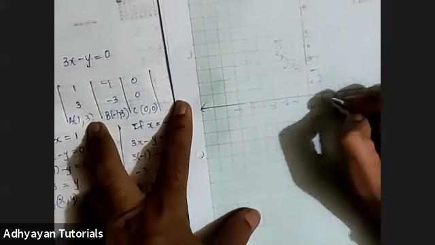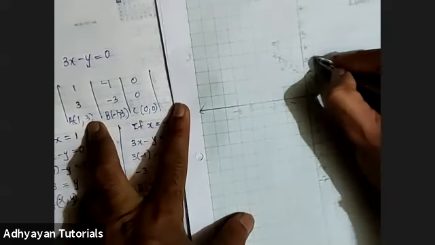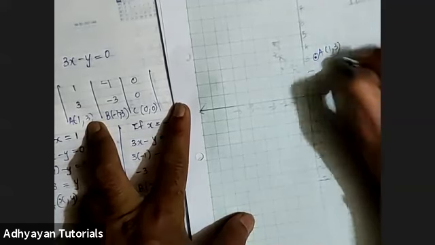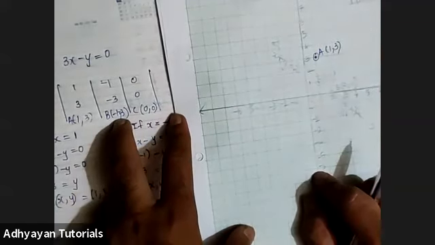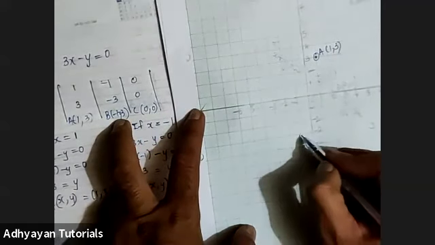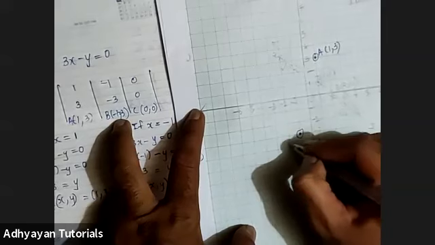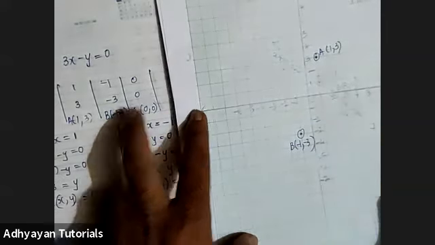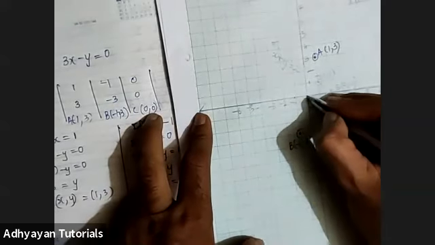This time I'll do it with pen just to distinguish. You have to do it with pencil. 1 comma 3 is point A. The next point is minus 1 comma minus 3, which is here, point B. The next point is C, 0 comma 0, which is right here at the origin.